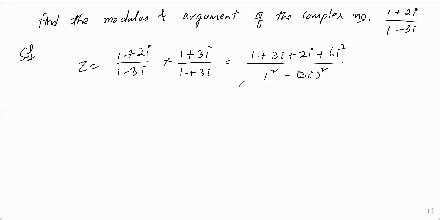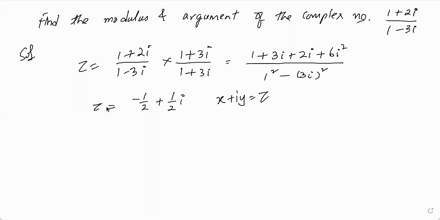On further simplifying, you get this as minus 1 by 2 plus 1 by 2 i after simplifying every part of it, which is in the form of x plus iy.